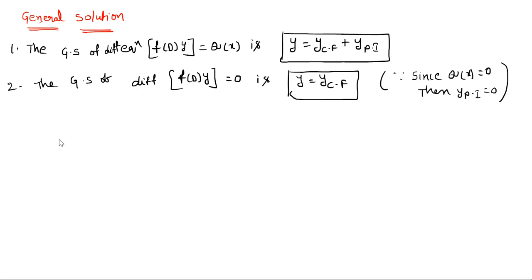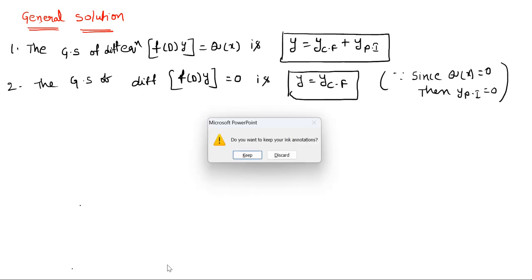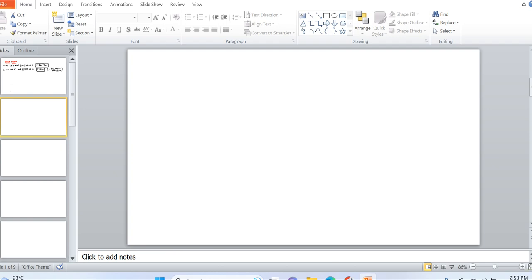So first problem, solve d square y by dx square minus a square y equals 0, where a not equals 0.